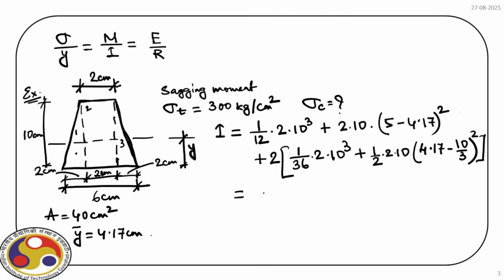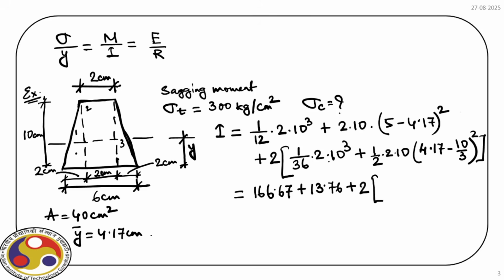So if you calculate this, the first term is 166.67, plus for the second part we have 13.78, plus 2 times 1 by 36 BD cube.